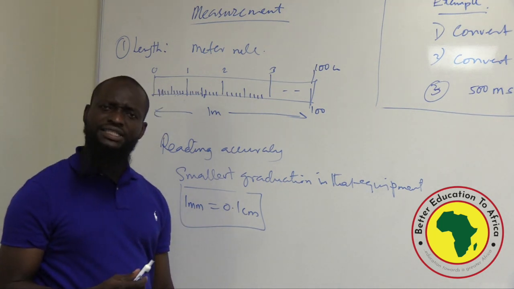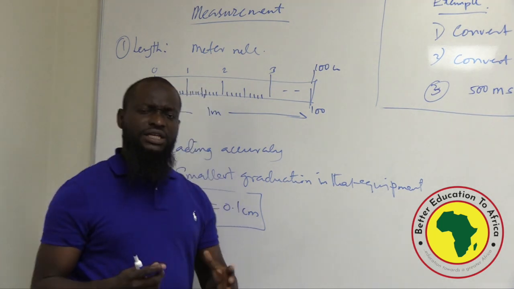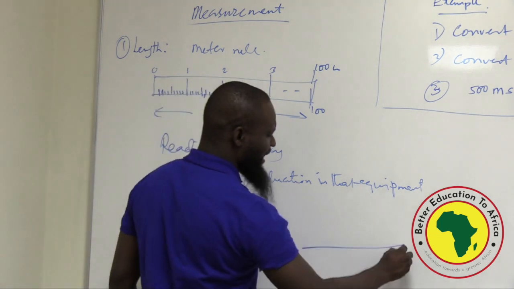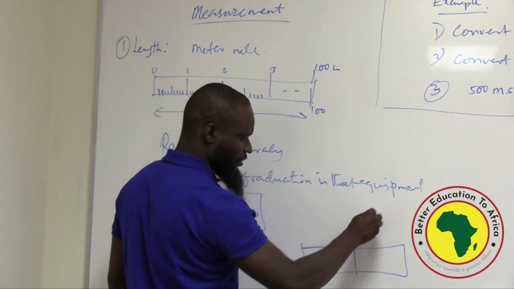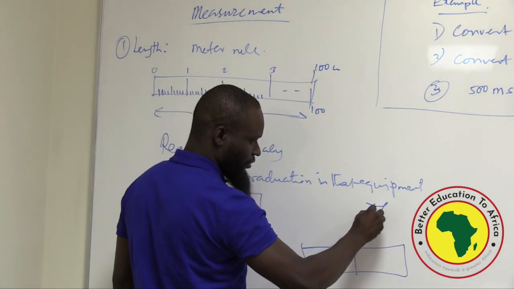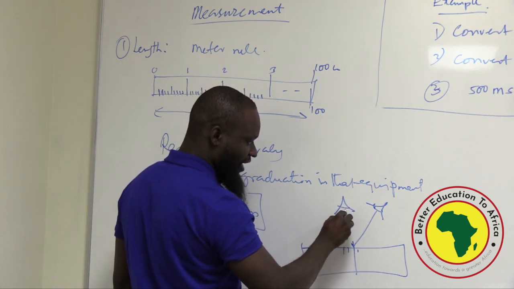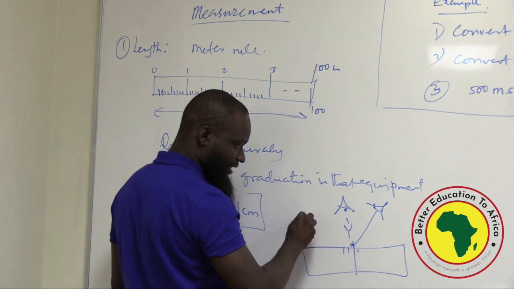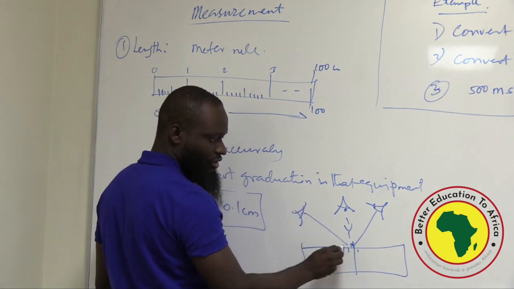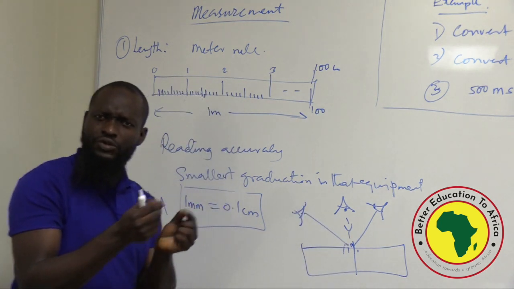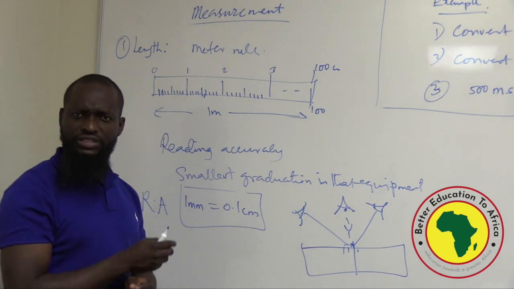Okay? And there's a very common error people make when using a meter rule. It's called the parallax error. It is the error you get by looking at an angle to a reading. So when you want to take a reading from a meter rule, you're supposed to look directly at that point, not at some angle. You might get the wrong reading because of how close these millimeter graduations are to each other.